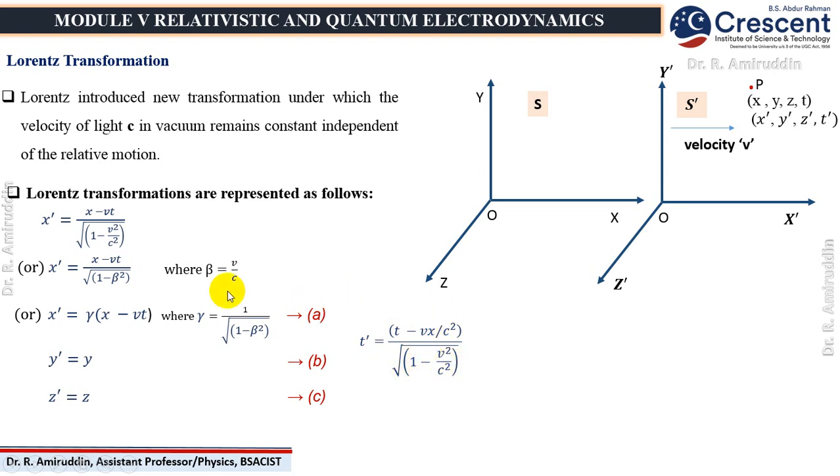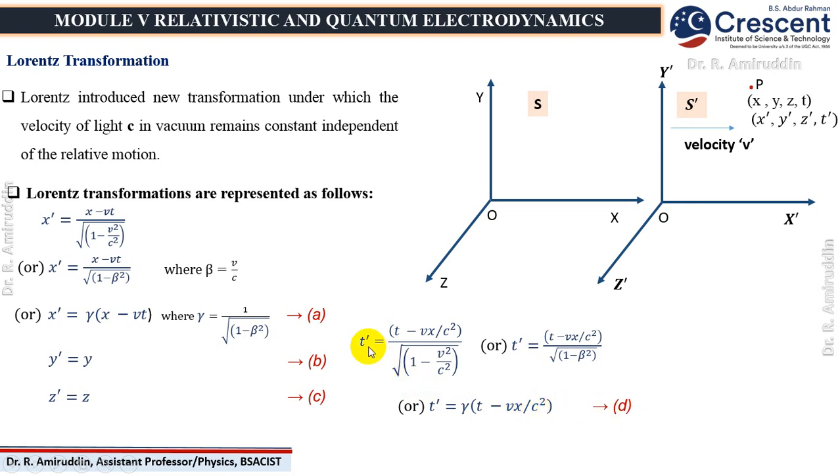Similar to the previous step, where we rewrote this term in terms of beta and gamma, we will simplify this equation also, where t prime is equal to t minus vx by c square divided by root of 1 minus beta square, and we will rewrite this term in terms of gamma, where t prime is equal to gamma into t minus vx by c square.